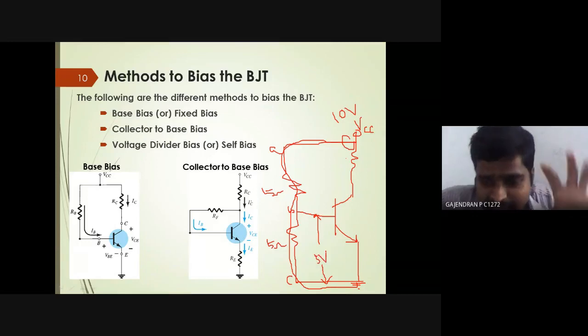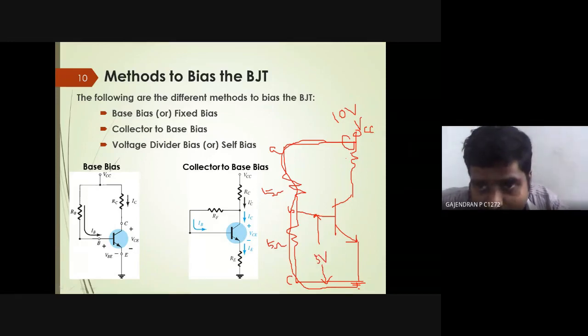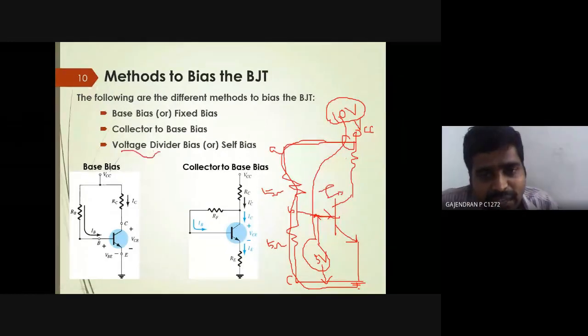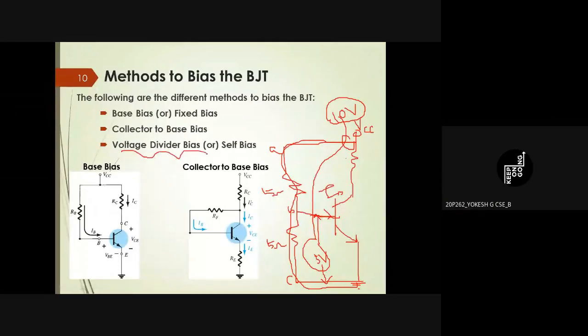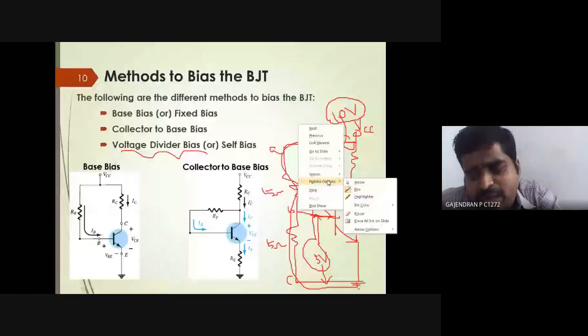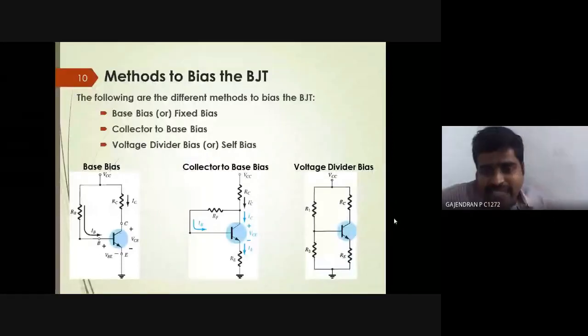So please listen. The input voltage is divided and the divided voltage is going to bias my transistor. Therefore, it is named as what? Voltage divider bias. It's a very important biasing circuit. Practically, many times we will use this.